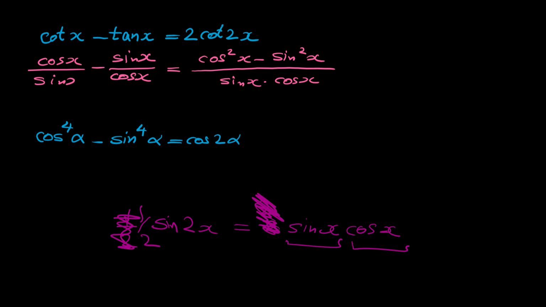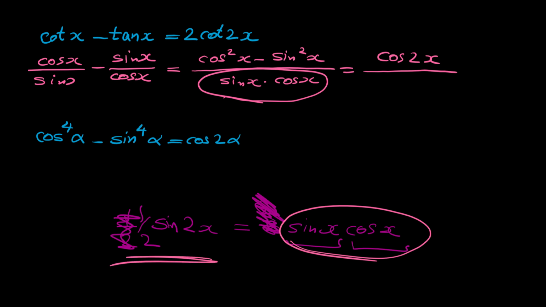So now we continue this way. The numerator is cosine of 2x. We know this. The denominator, this expression, is sine x cosine x, which is 1/2 sine of 2x.